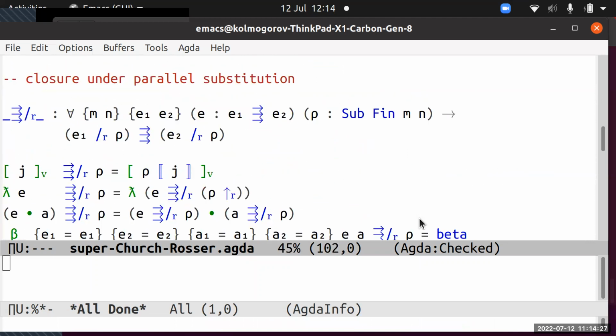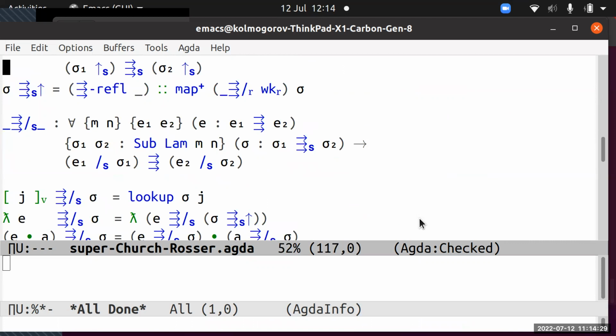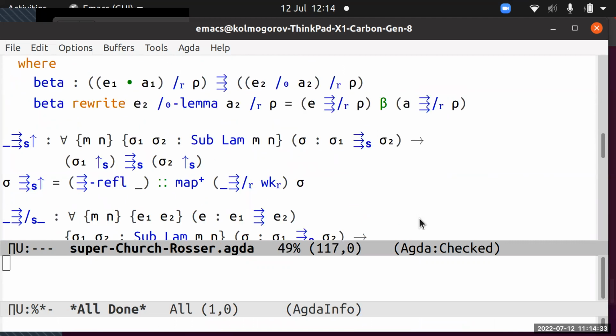So we've shown closure under renaming, and then there's an interesting little wrinkle here. If you remember from the definition of the action of substitution, when we go under a binder, we have to lift the substitution. So an important first thing to remember is that parallel reduction also respects lifting, and you need to prove that before you show closure under substitution.